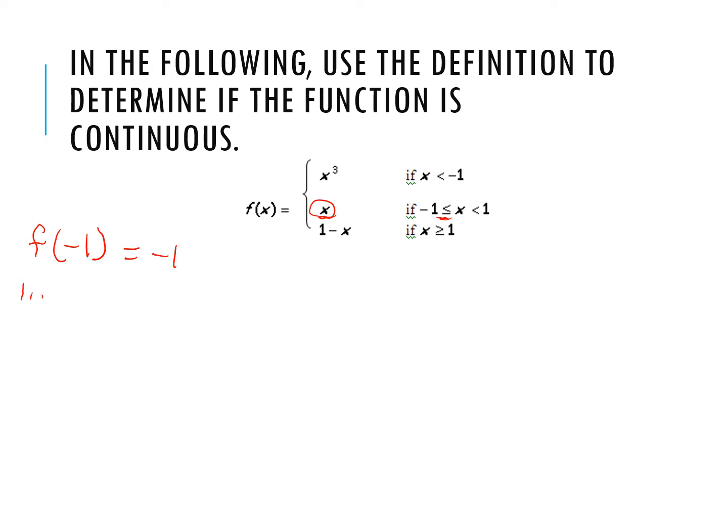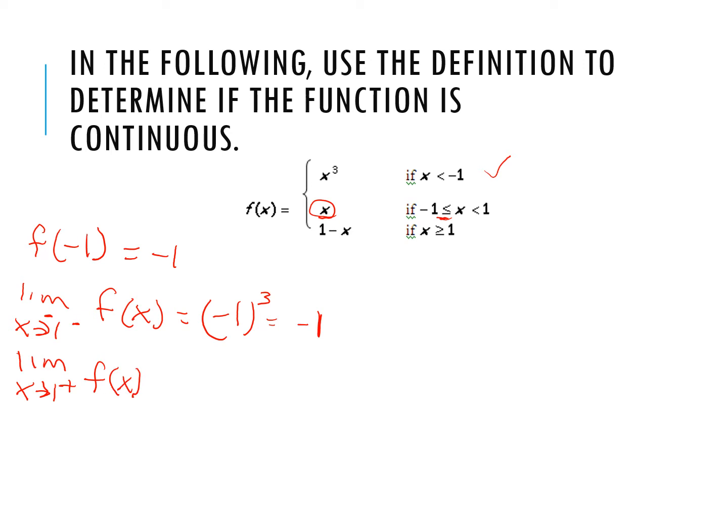So I have to say, does the limit as x approaches negative 1 from the left of f of x, that's equal to, now when I come in from the left, I have to use this top function, so that will give me negative 1 cubed, which is negative 1. Then I have to see, does it exist from the right? So I would do the limit as x approaches negative 1 from the right of f of x. And now I would use this part of the graph because that's where it comes in from the right. So that's going to equal just negative 1.